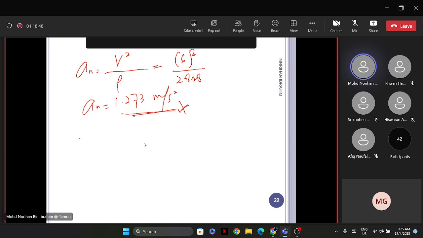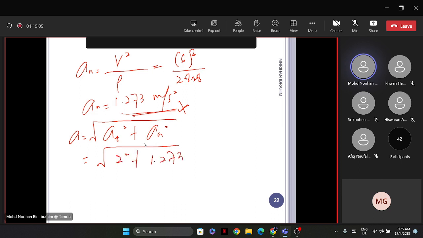So once you got this AN, then we can apply the Pythagoras theorem. A is equal to the square root of AT to the 2 plus AN to the 2, which is 2 to the power of 2 plus 1.27 to the power of 2.